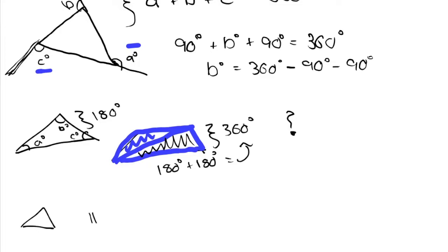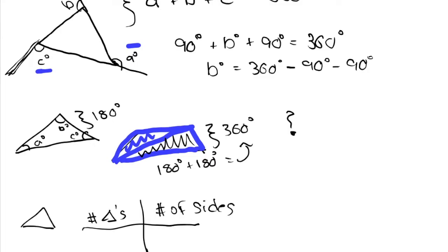We can say the number of triangles and the number of sides, right? So in one triangle, there's one triangle, but this also has three sides.